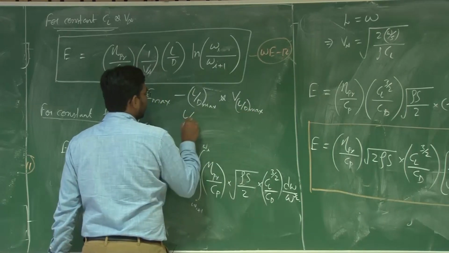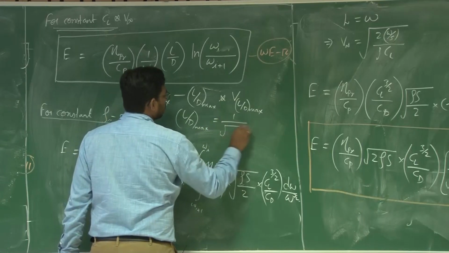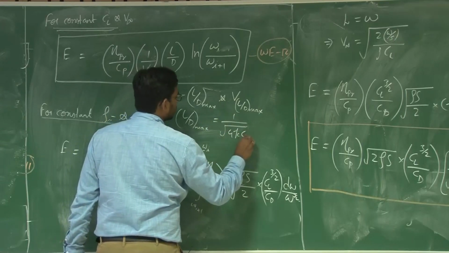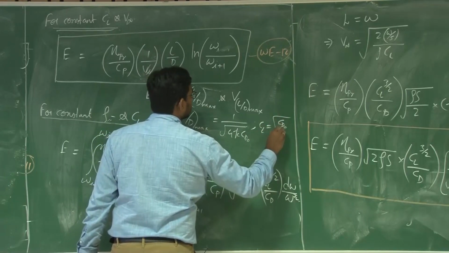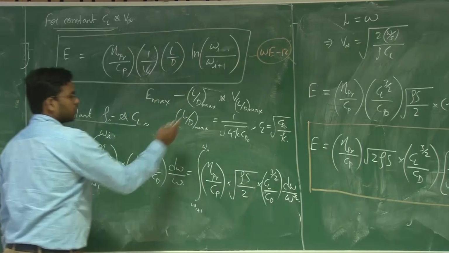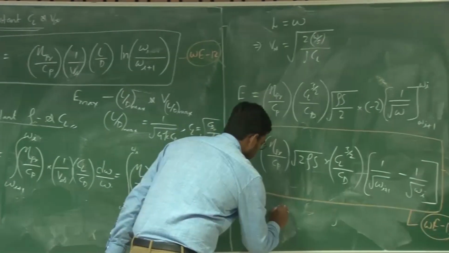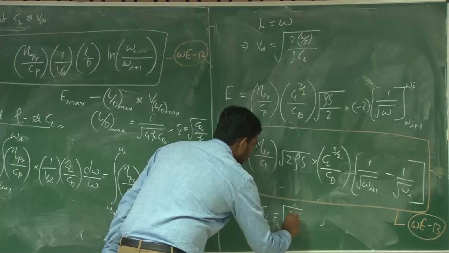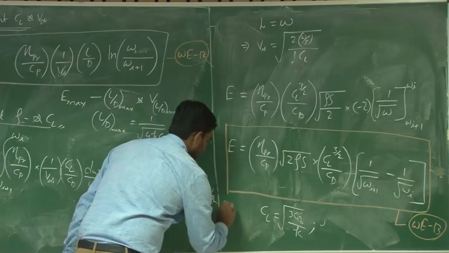So what is L by D max? 1 by root over 4k CD naught, where Cl is equals to root over CD naught by k. And the corresponding velocity you can find out. Similarly, for this case, Cl should be root over 3 CD naught by k for E max.